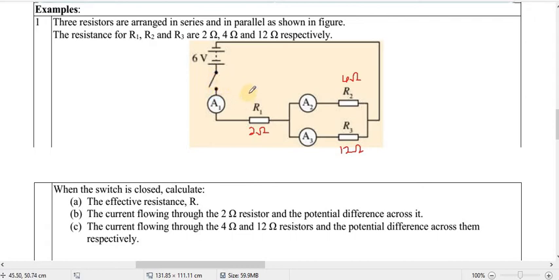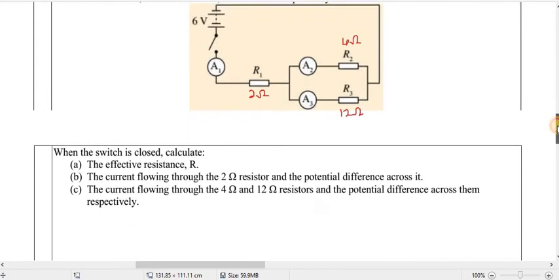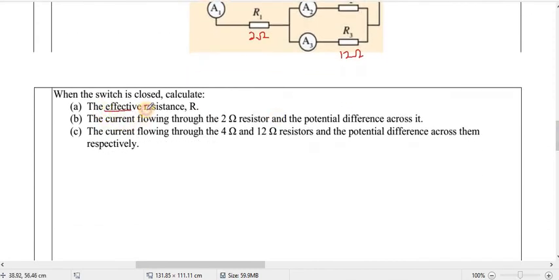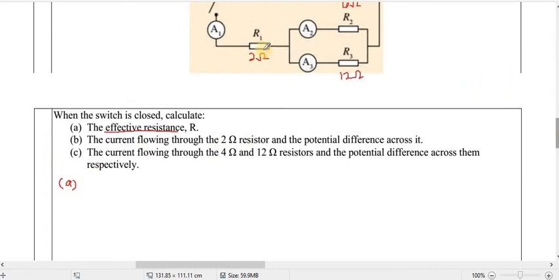Calculate the effective resistance. What does effective resistance mean? Effective resistance means the total resistance. So how to calculate the total resistance? You see, this is a combination of series and parallel. So what we do is we total up the parallel one first, R2 and R3.